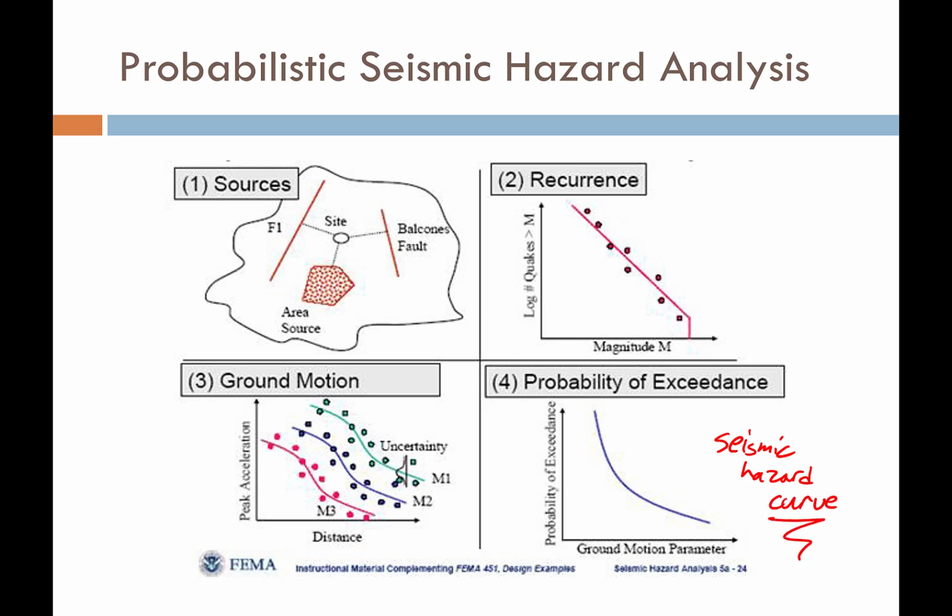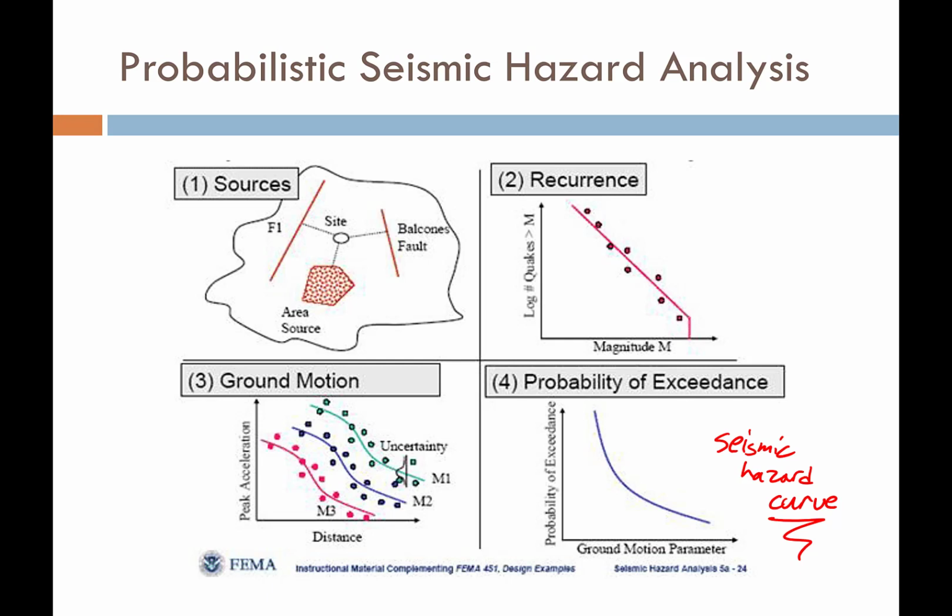So I've had individuals ask me in the past, so what's the difference between a deterministic seismic hazard analysis and a probabilistic seismic hazard analysis? The main difference is that a probabilistic seismic hazard analysis is a big collection of millions of deterministic seismic hazard analyses, each weighted by their corresponding likelihood and aggregated together.